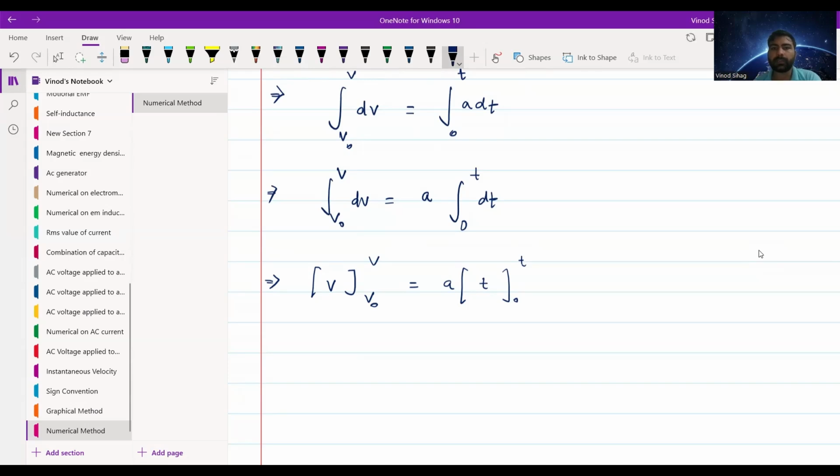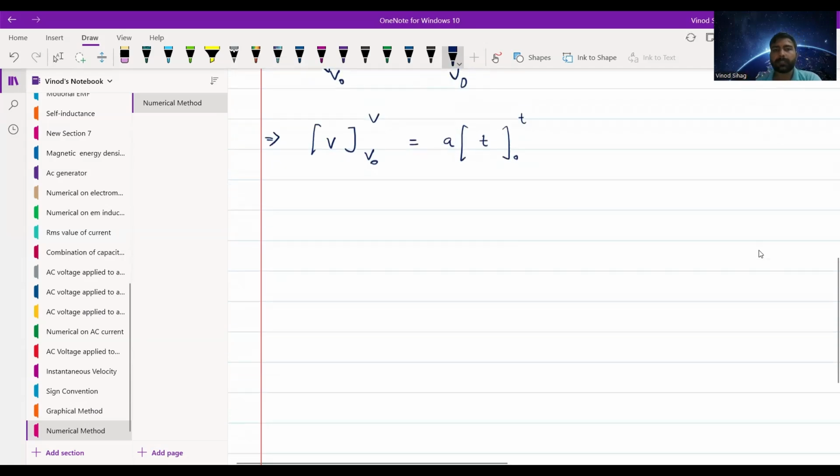So the integration of 1 is the variable itself, that means t. Now let's put the limits. So when we put the limits, we will get v minus v naught equals a times t minus 0. So finally, we will get the equation v equals v naught plus at.